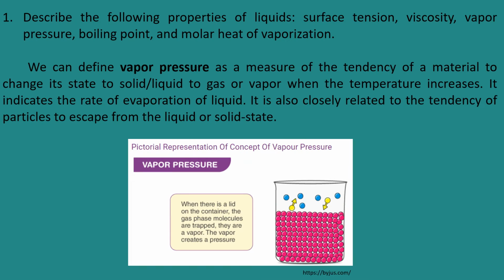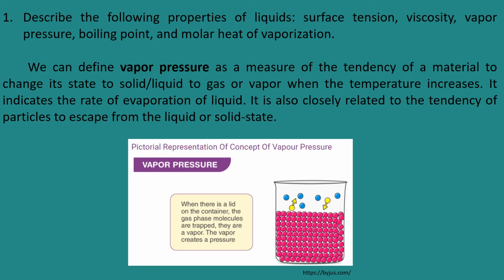So the next property of liquid that we're going to cover is vapor pressure. It is a measure of the tendency of a material to change its state to gas or vapor form when the temperature increases.